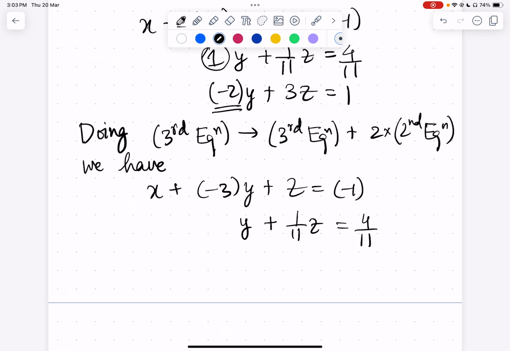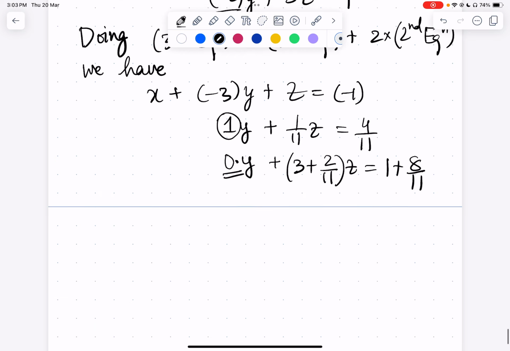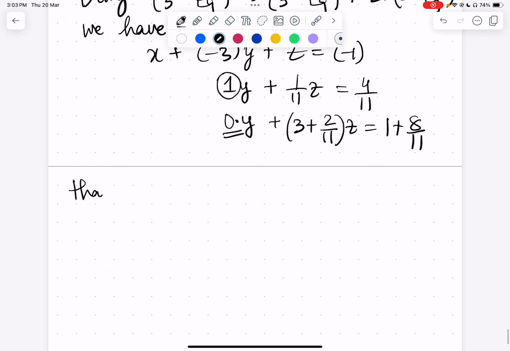Now this becomes, or I'll write it again, 0 times y. So we have changed the minus 2 to a 0, plus 3 plus 2 by 11 z, right? So 3 plus 2 by 11 equals 1 plus 8 by 11. That is x plus minus 3y plus z equals minus 1.